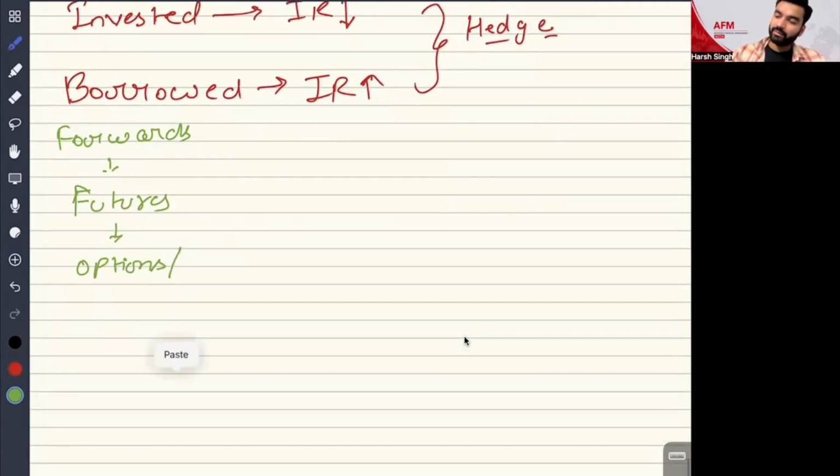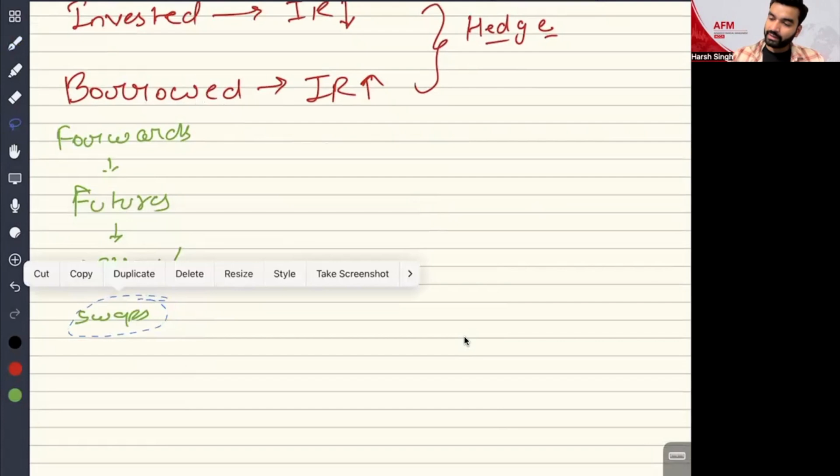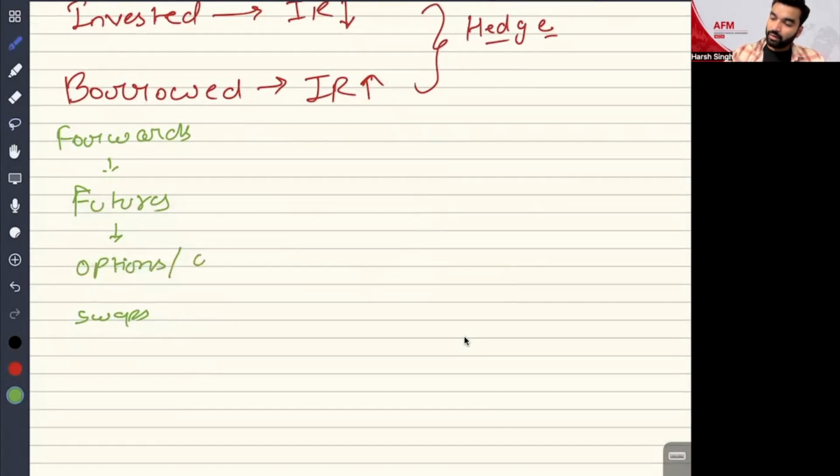Options are very similar. We have swaps. The swap is different. Very similar. We have collar. We have swap, and then we have two more hedging techniques, which are your floor and ceiling.